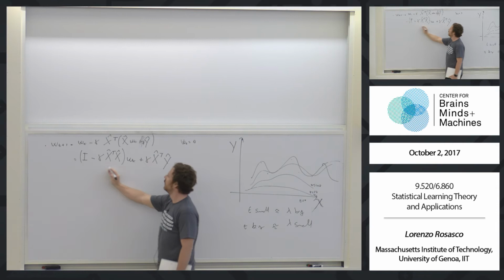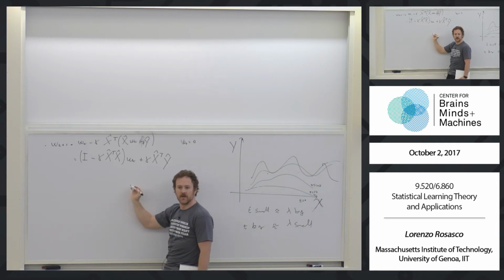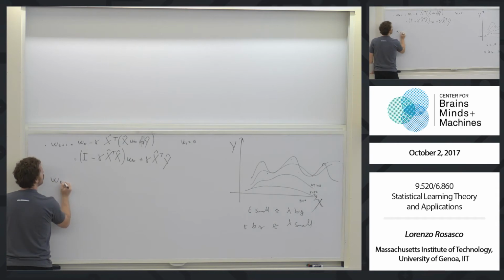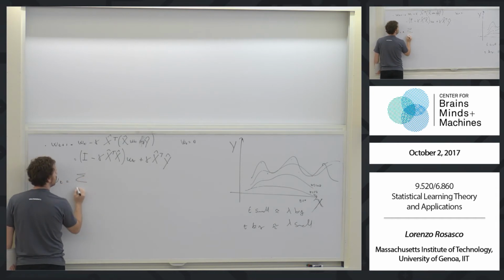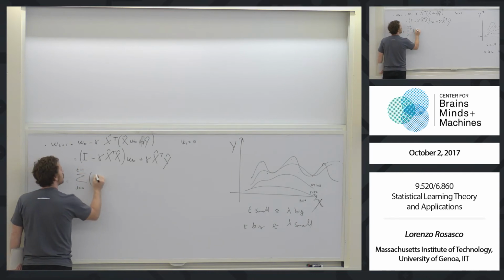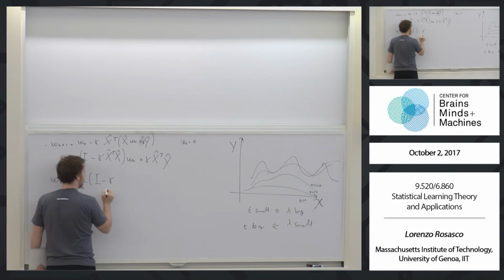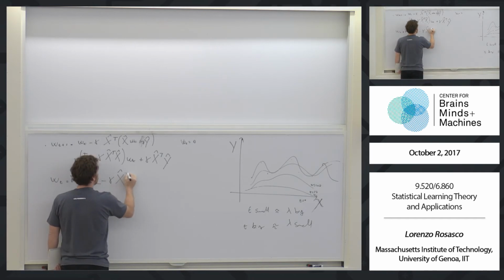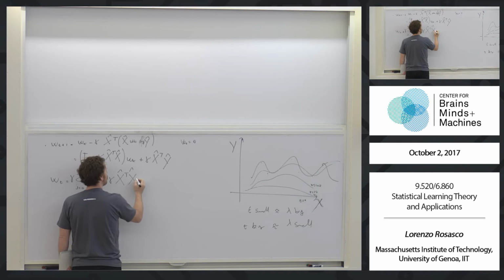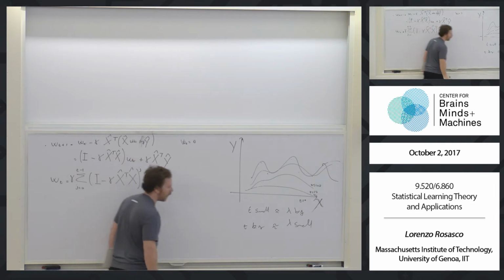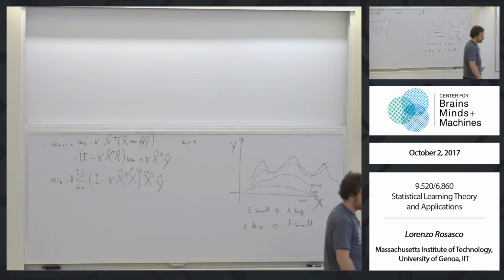This is a simple recursive expression, and it's going to look like this: sum j from 0 to t minus 1 of identity minus x hat transpose x hat, to the power j.